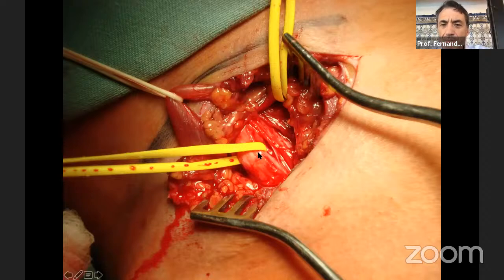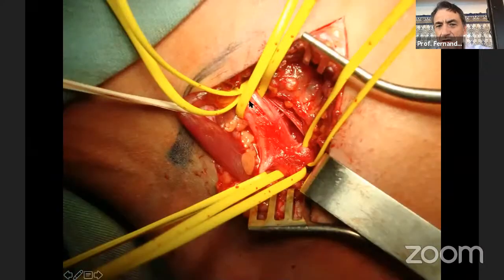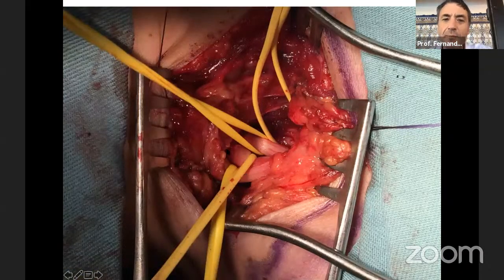I dissect the final part of the superior trunk, and we can identify here the superior trunk, suprascapular nerve, anterior division of the superior trunk, posterior division of the superior trunk. So the supraclavicular approach gives us a very good view of the superior trunk, middle trunk, and the terminal part of the superior trunk.